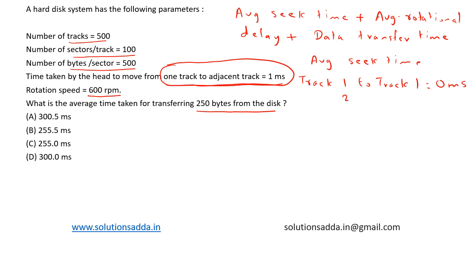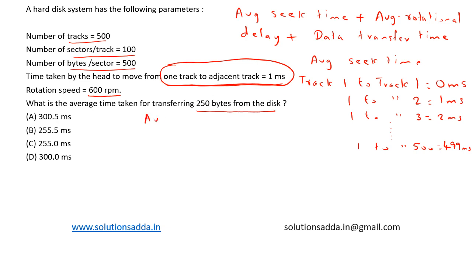From track 1 to track 2 is equal to 1 millisecond. From track 1 to track 3 is equal to 2 milliseconds. So how many tracks do we have? 500. So from track 1 to track 500 is equal to 499 milliseconds.